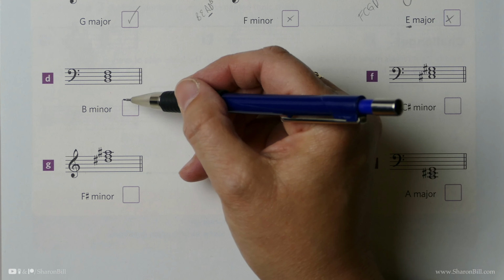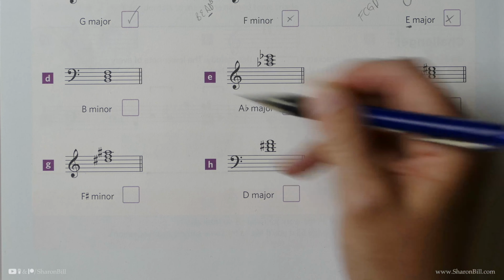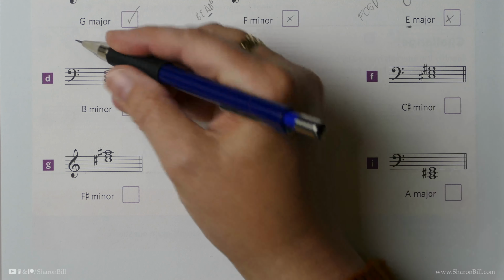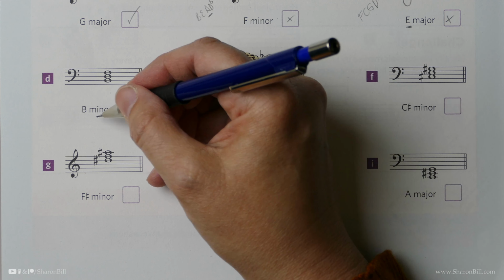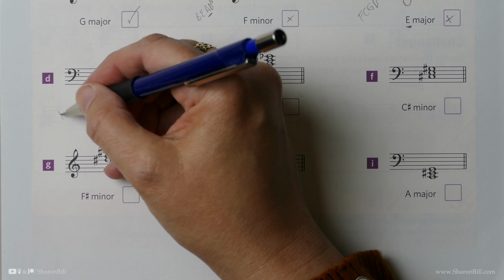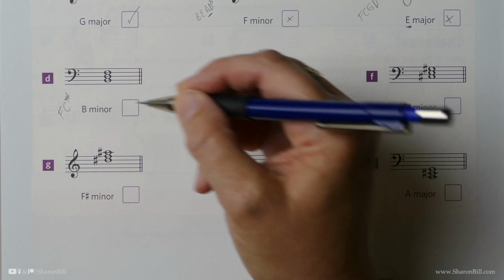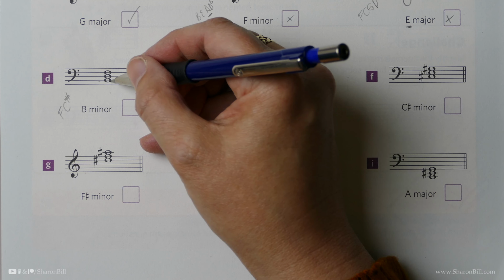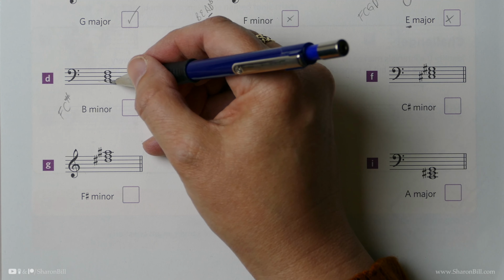So I'm hoping that you've had a go of these remaining exercises. So is this D minor or not? Well, sorry, B minor. B minor is related to D major, which has F sharps and C sharps. And this is the tonic B, good boys, deserve football. That would be correct.